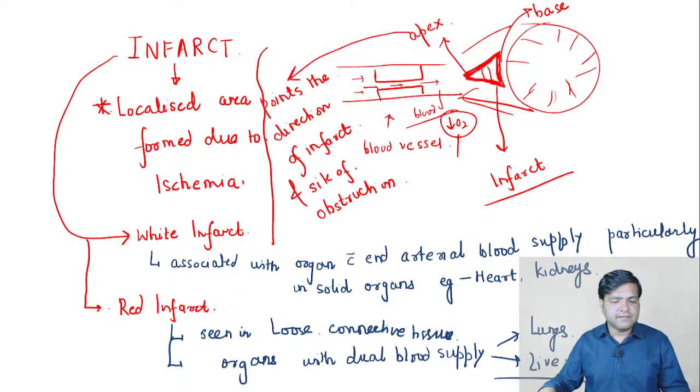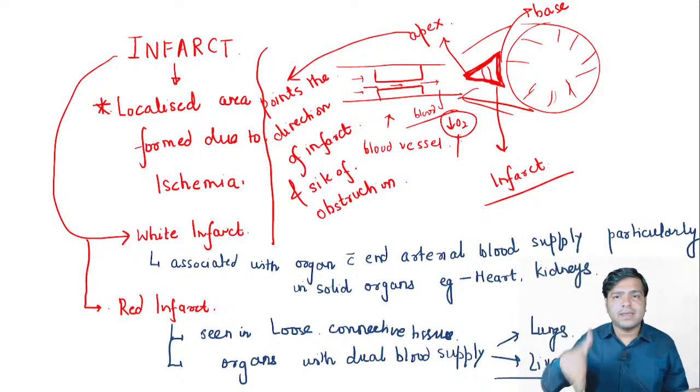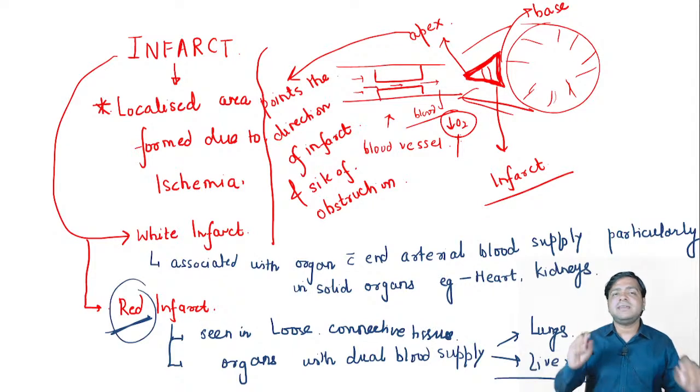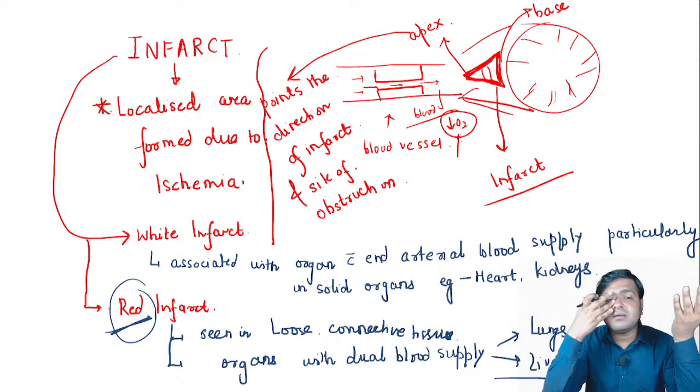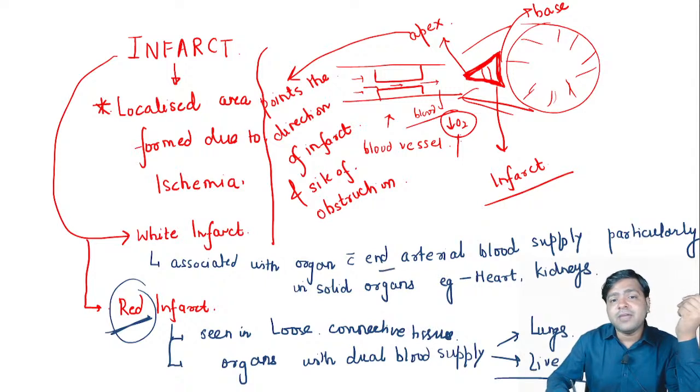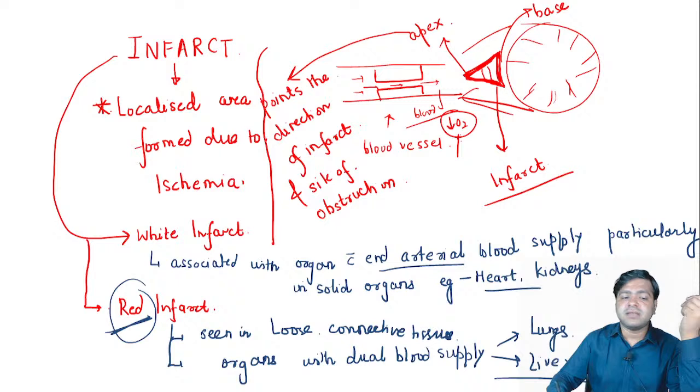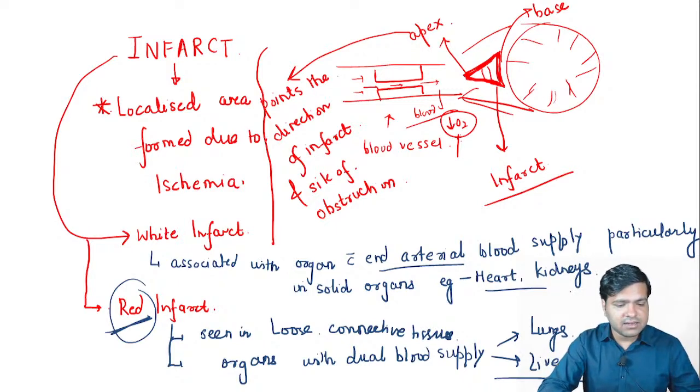You already know lungs and liver have dual blood supply. If one obstruction is there, it will compensate with the other one, so ultimately it will manifest as an infarct only, but usually it will be red in color. White infarct is basically seen with end arterial supply, where only one end artery is present in that particular organ, for example heart and kidneys.